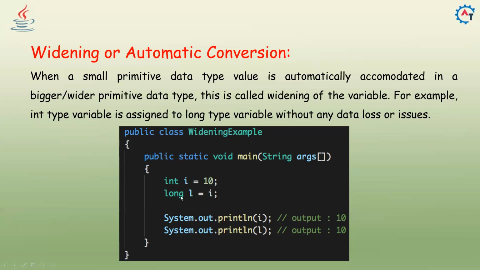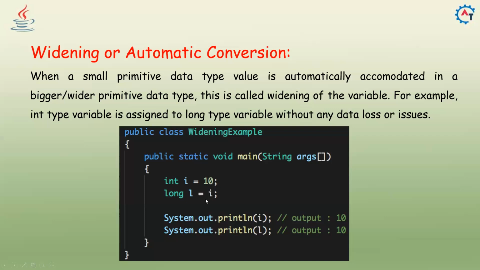There is no problem. The reason is long will occupy more memory, right? So you can assign an integer value to long. There is no problem and you will not get any error, and Java will take care of these things automatically.